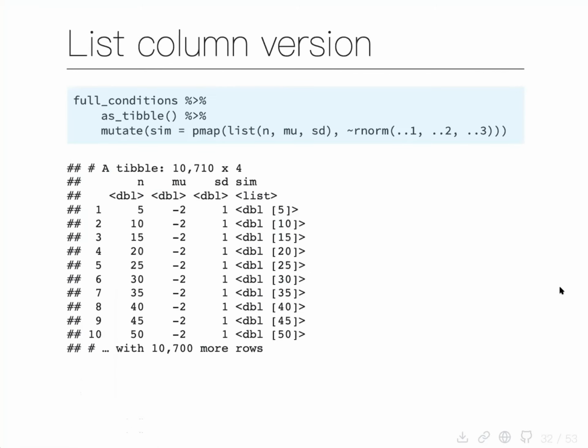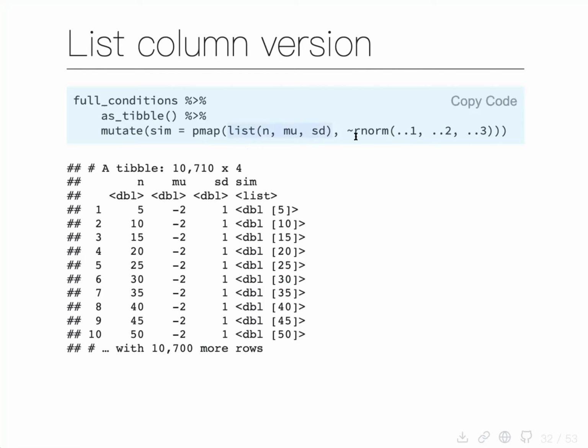All right, and then of course, we could do a list column version. So we have our full conditions, going to pass it to as_tibble. Again, that's not necessary, but it is nice. And then we'll say sim is equal to pmap, where I'm going to say list of the 3 columns, n, mu, sd. And then I'm going to say rnorm ..1, ..2, ..3.